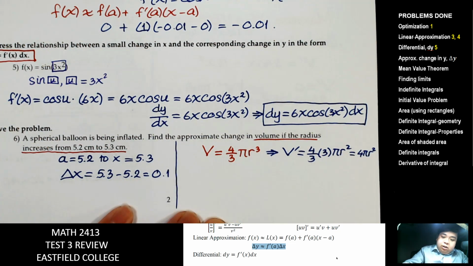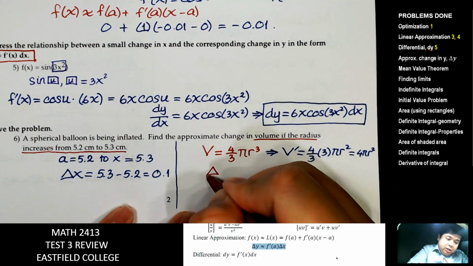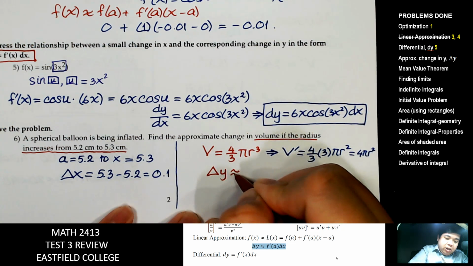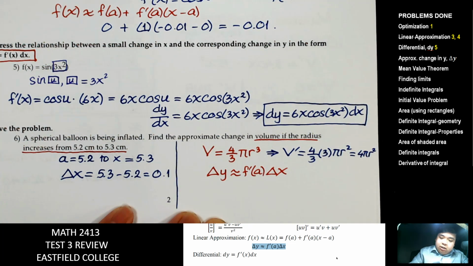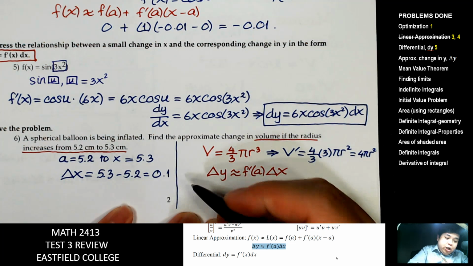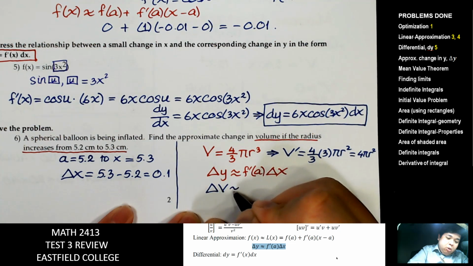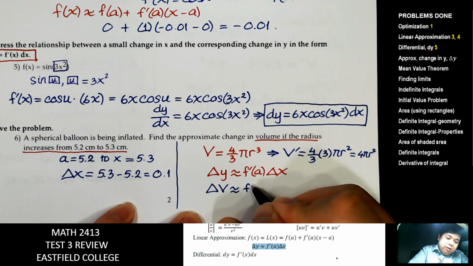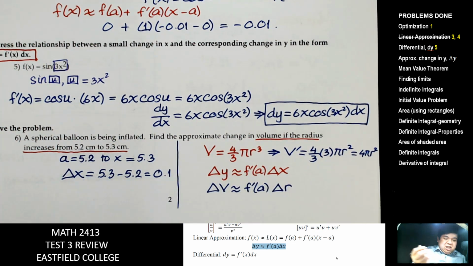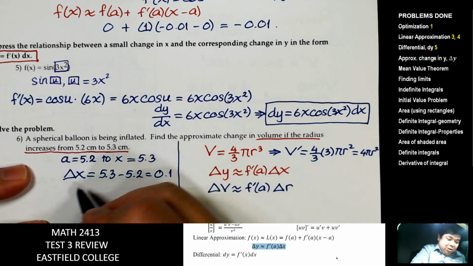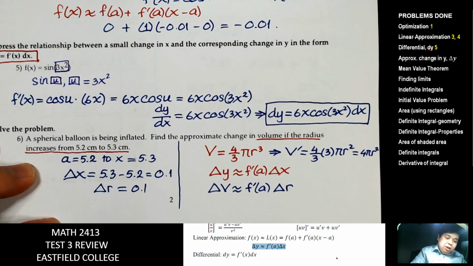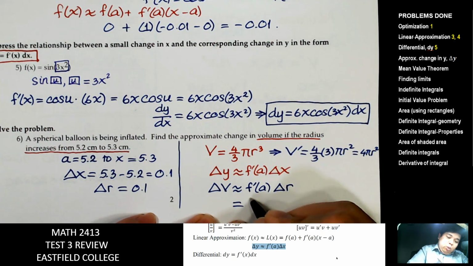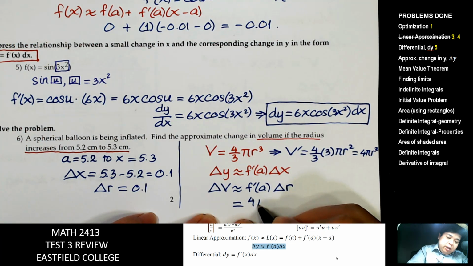Now, the change in y is approximately equal to the derivative times the change in x. For this problem, let's change that to the change in volume approximately equal to the derivative times the change in r. So we don't have x, so instead of delta x, let that be delta r. Right. Now we have 4 pi r squared.